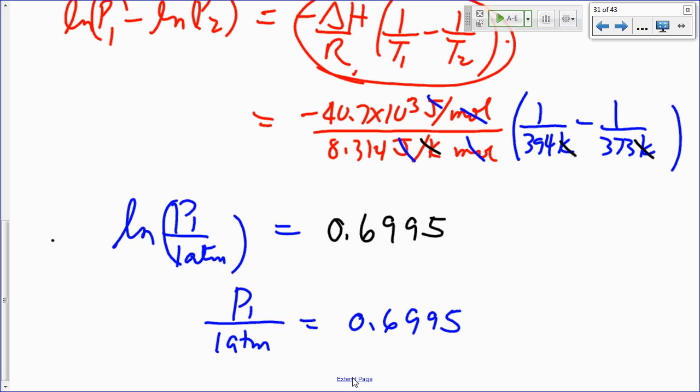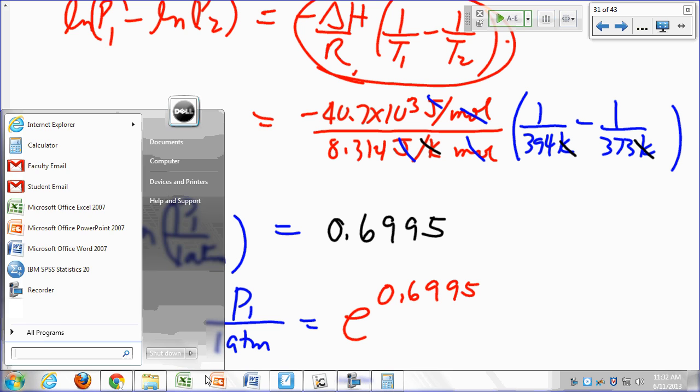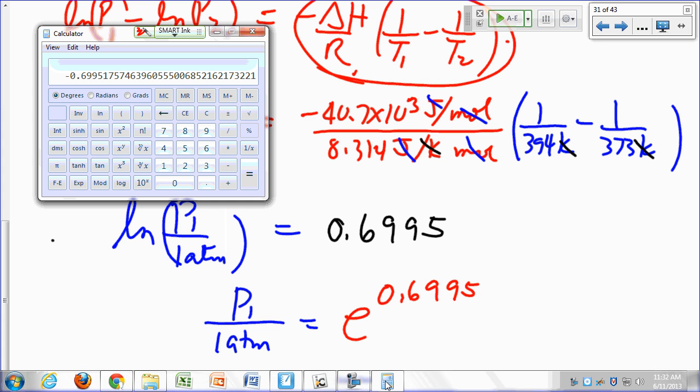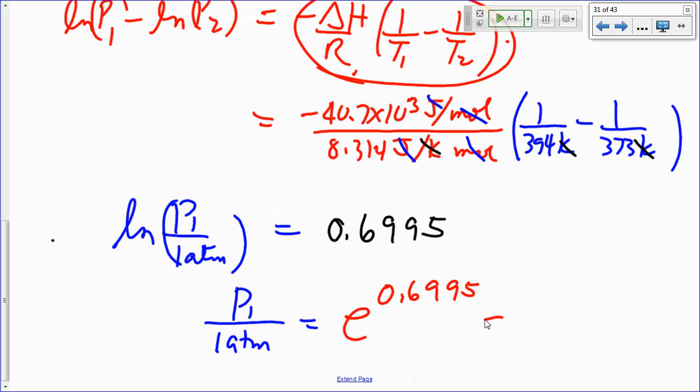Oops, sorry. Take the inverse log, right? So e to the 0.6995. So that would be 0.6995 inverse log. So inverse e to the x, that's 2.012, 2.013.